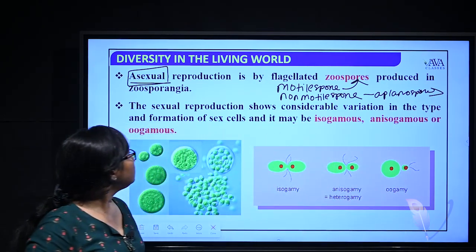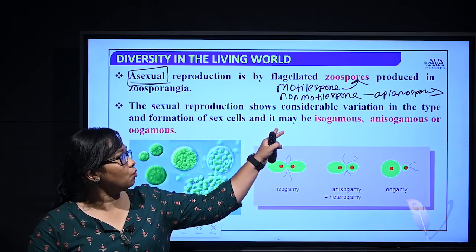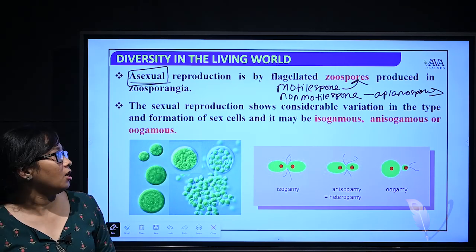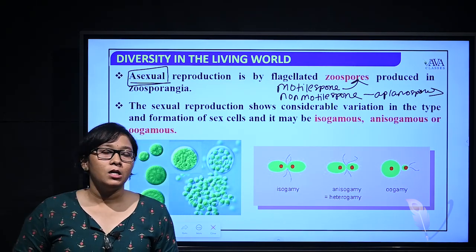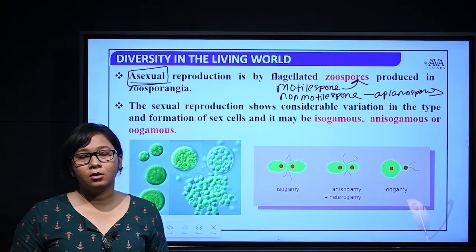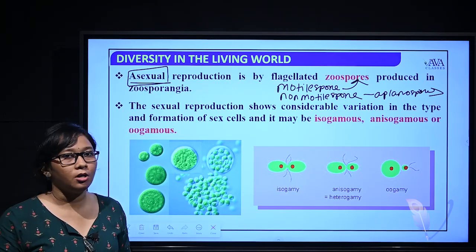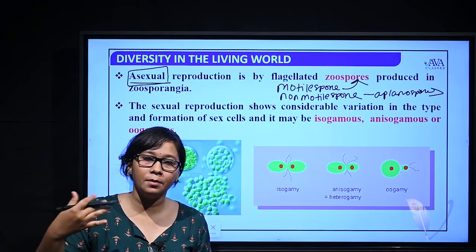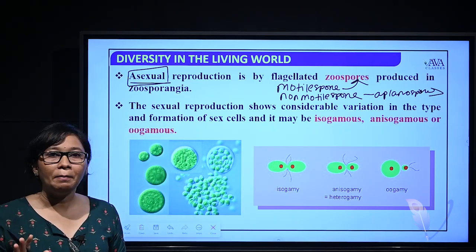Clear? So, sexual reproduction shows considerable variation in the type and formation of sex cells. That sexual reproduction also has some variation in the gametes. We know that sexual reproduction involves the process of gametes.